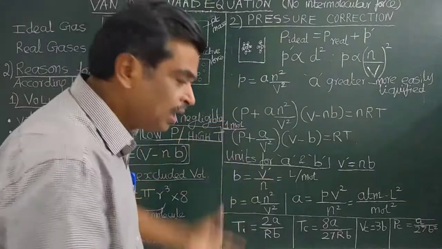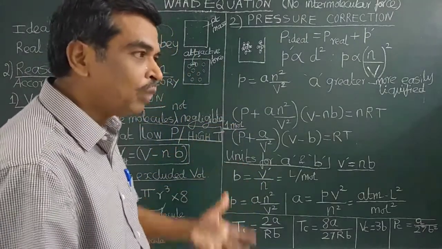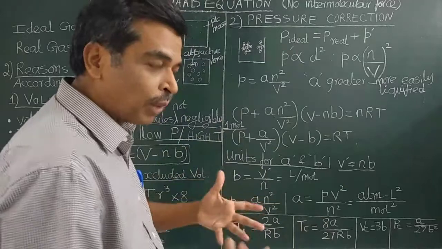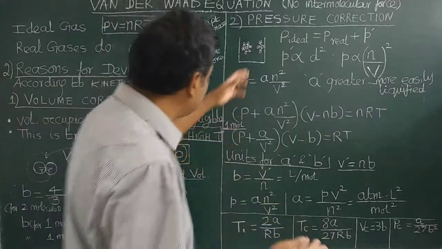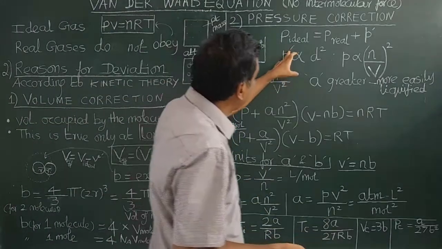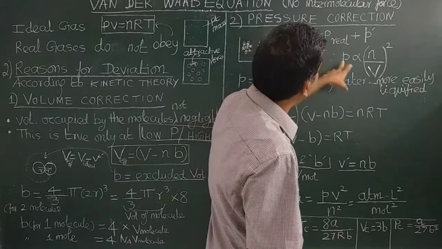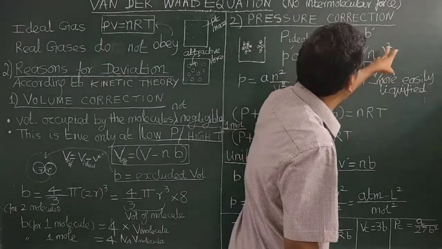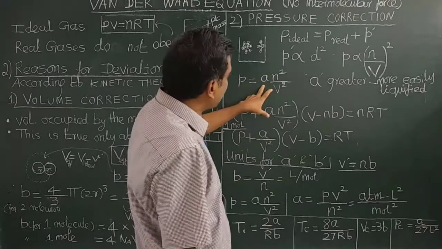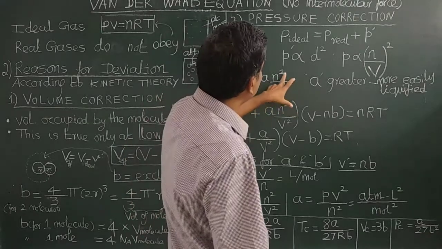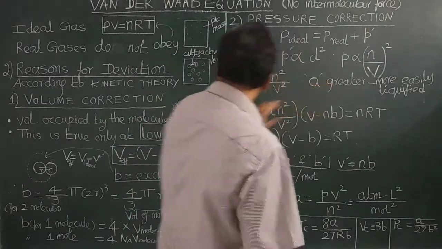If density is less, the net inward pull will be less. Therefore, P prime is directly proportional to (n by V) whole square, P prime equals a n square by V square, where a is a proportionality constant, and a and b are called the van der Waals constants.